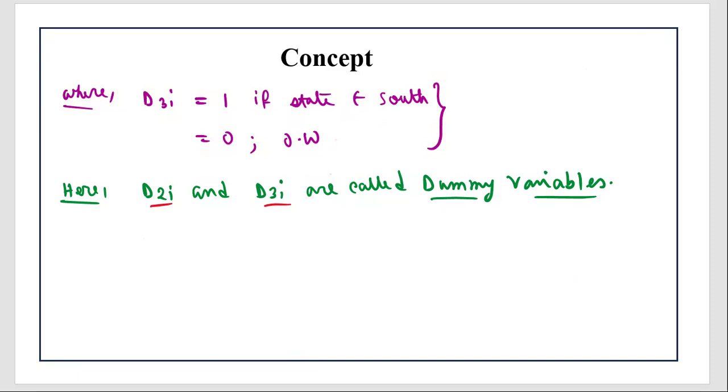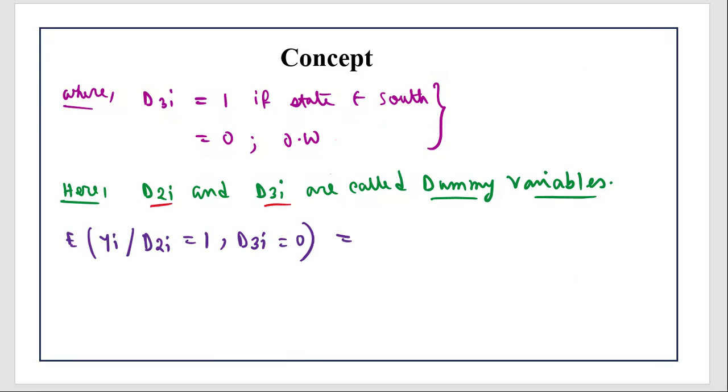Now again, we will do the same thing. We will try to find out the expected income. Let us do that. So what will be the expected value of yi given d2i? Suppose d2i is 1 and d3i is 0, right?